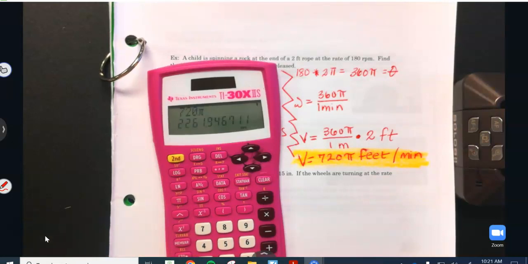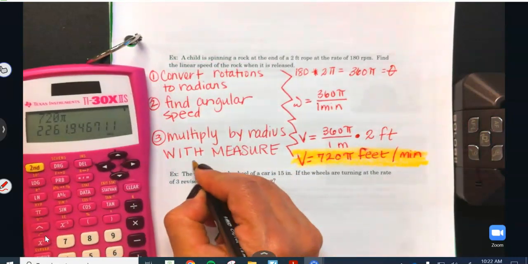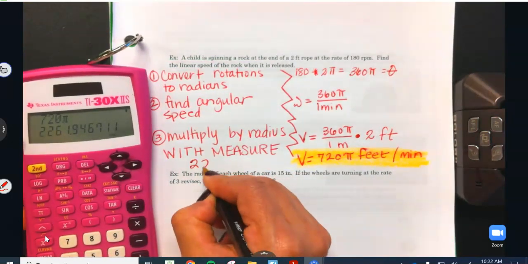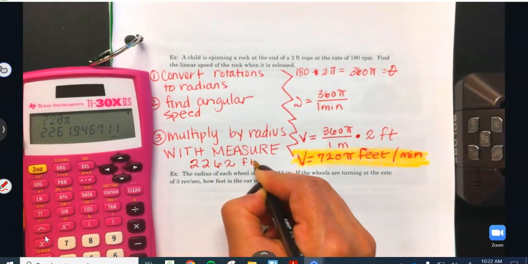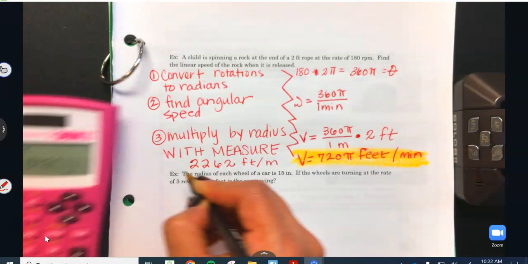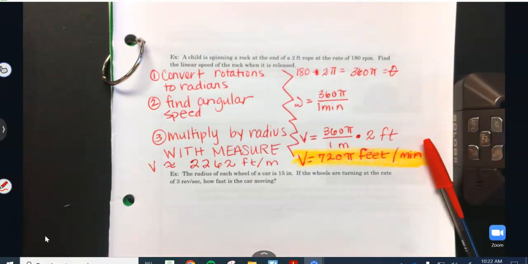So how fast is that rock traveling? 2,262 feet per minute. That's rounded.